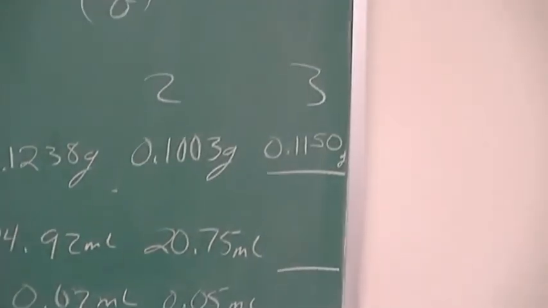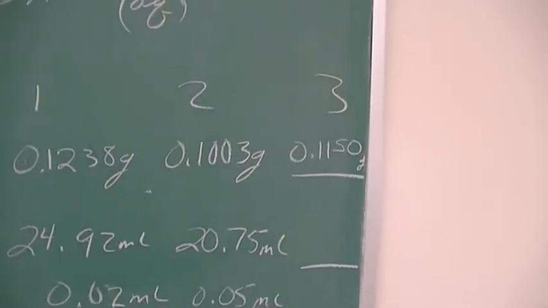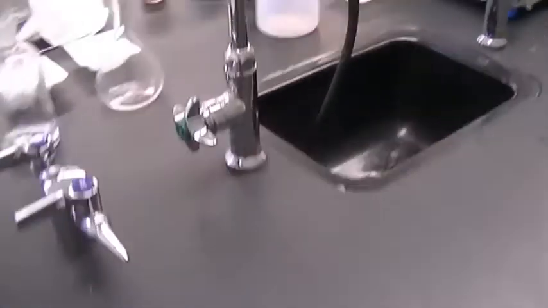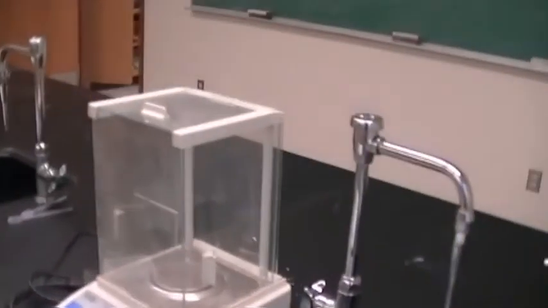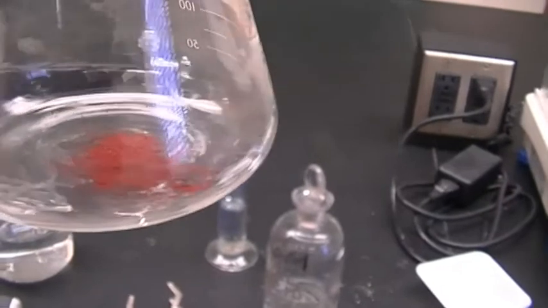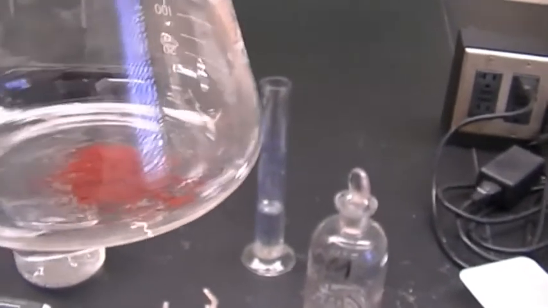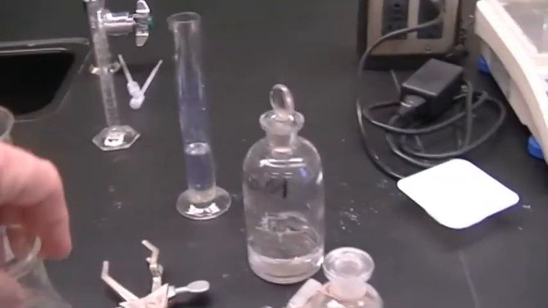I have weighed out 0.1150 grams of iron oxide number 51, and here is the experiment. Here I have my iron oxide that is in the flask. This is the 0.1150 grams of my iron oxide.